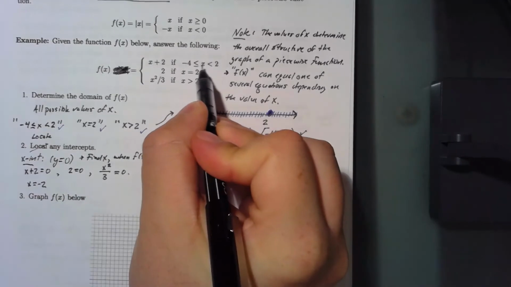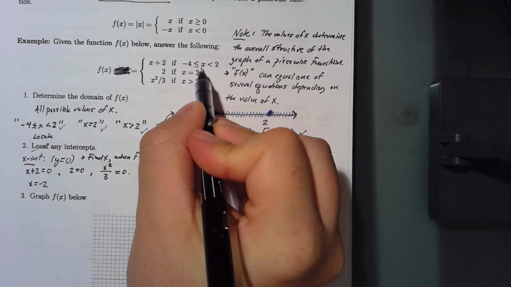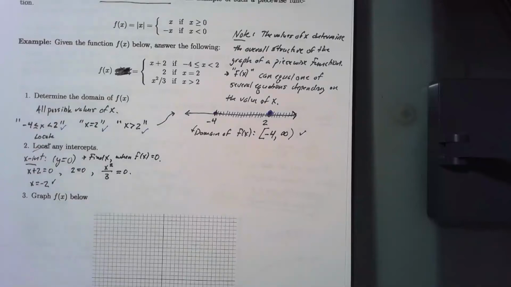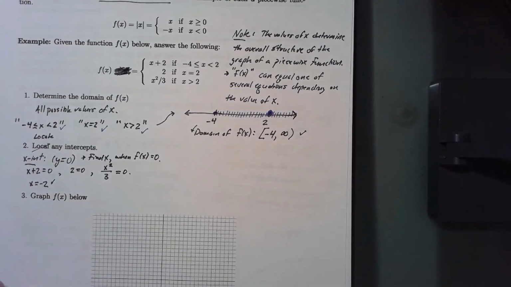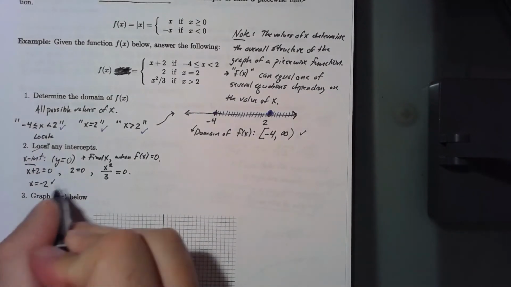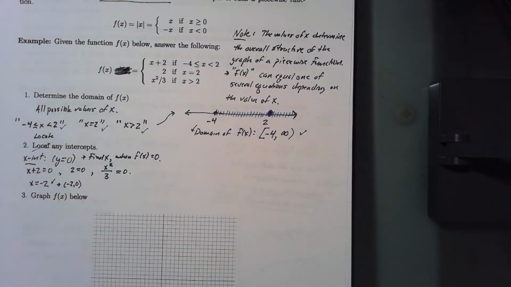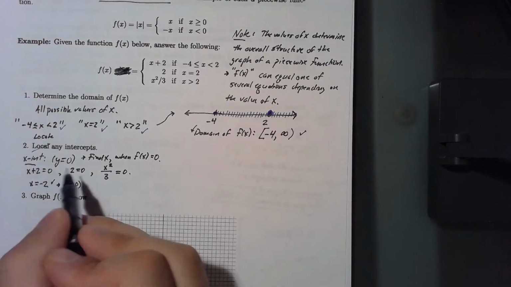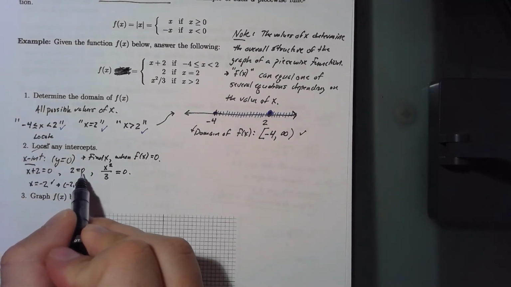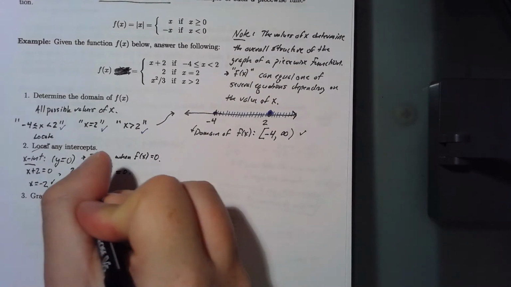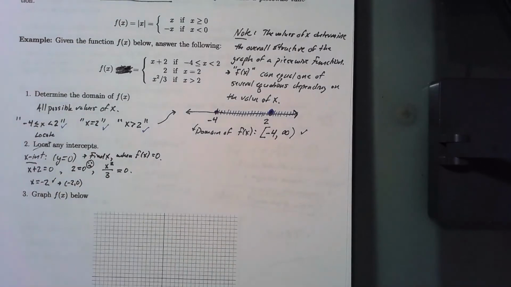Yes, it is. So that is an x-intercept, negative 2, 0. That is one of my x-intercepts for my function f of x. Now let's look at the second one. 2 equals 0. Does that make any sense? No. That makes no sense, so I don't care about that.